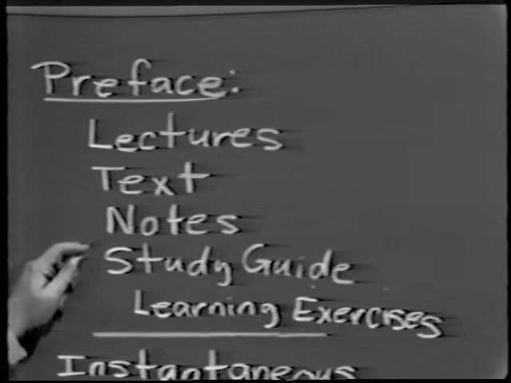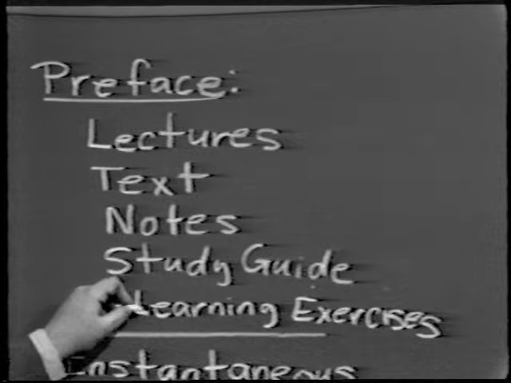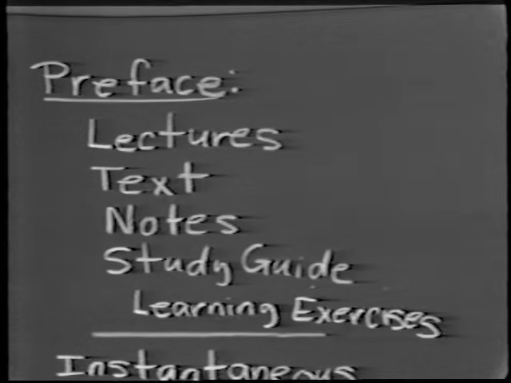The study guide consists of a breakdown of the course. It tells us what the various lectures will be, the units. There are pre-tests to help you decide how well prepared you are for the topic that's coming up. There is a final examination at the end of each block of material. And perhaps most importantly, especially from an engineer's point of view, in each unit that we study, the study guide will consist of exercises primarily called learning exercises.